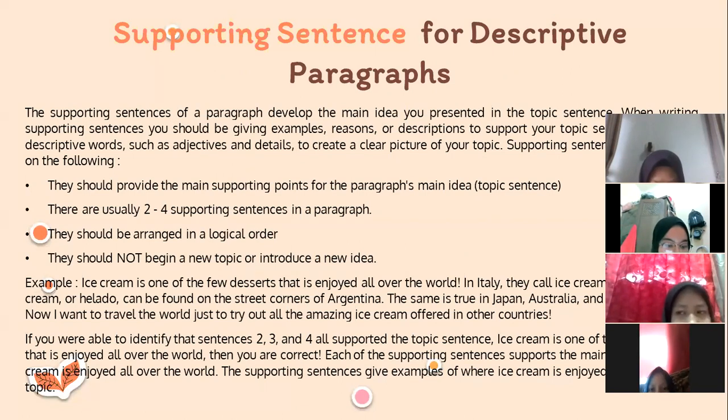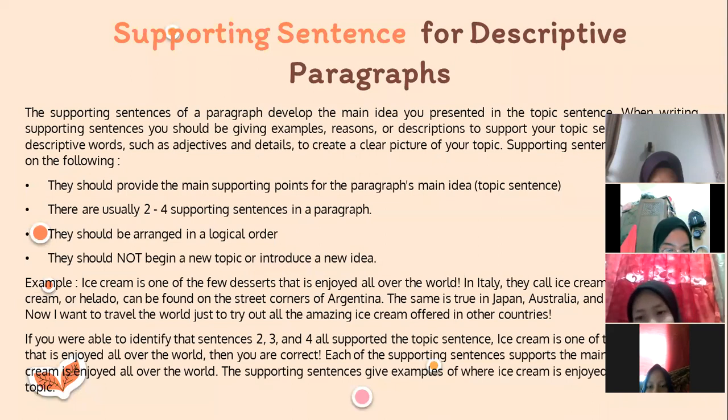Supporting sentences for a descriptive paragraph. The supporting sentences of a paragraph develop the main idea presented in the topic sentence. When writing supporting sentences, we should give examples and descriptions to support your topic sentence.